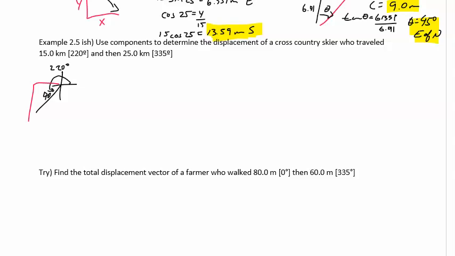And the last one, 335, well, that is almost a full circle. Not quite, and so I'm going to just call this 25 degrees because in actuality it indicated 335 this way. And we're going to need to find the components of this one too.